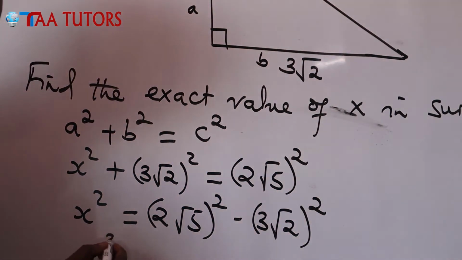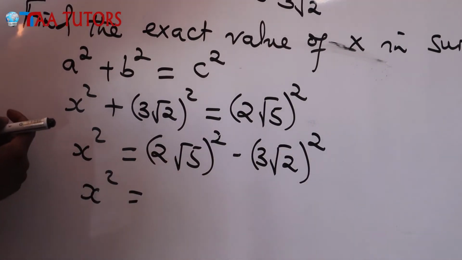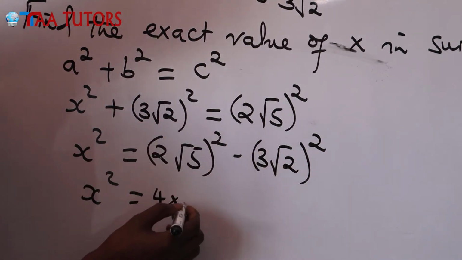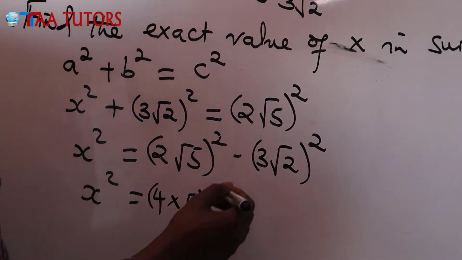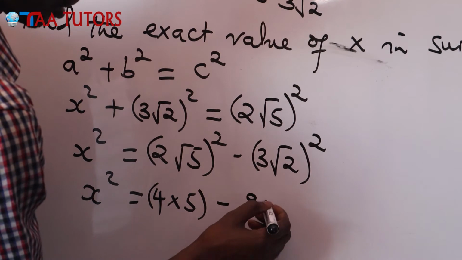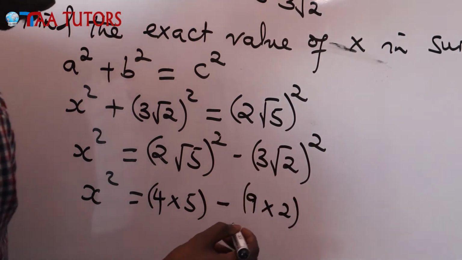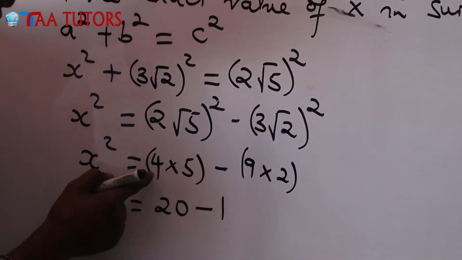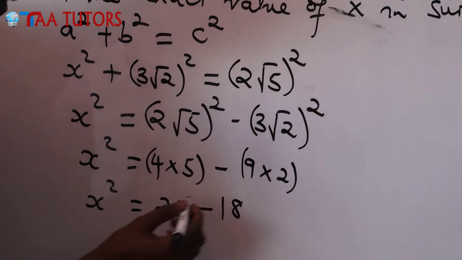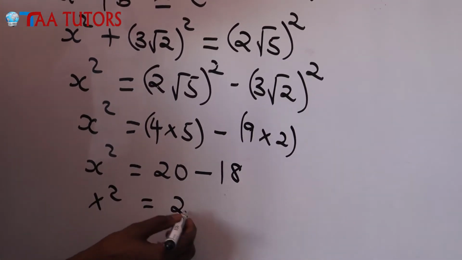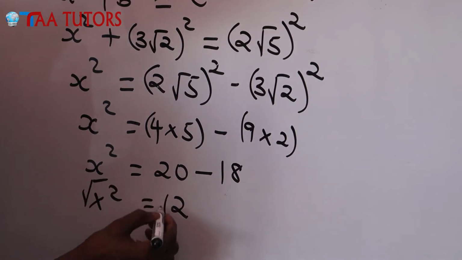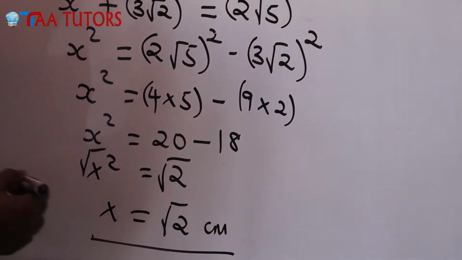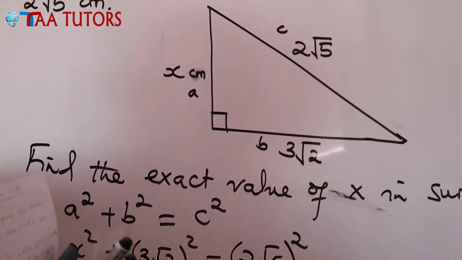So X squared here is going to be 2 squared is 4, surd 5 squared is 5, minus 3 squared is 9 times surd 2 squared is 2. So we are going to get X squared equals 20 minus 18, and X squared is 2. So the value of X is the square root of both sides. X will be surd 2 centimeters. That is what we are asked, and that's what we got.